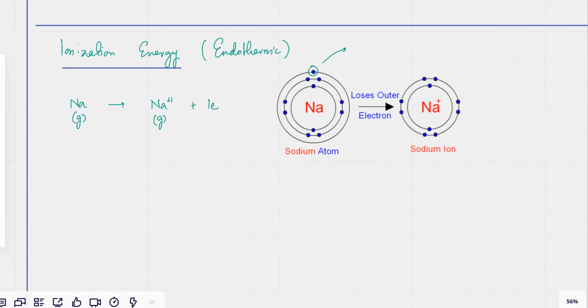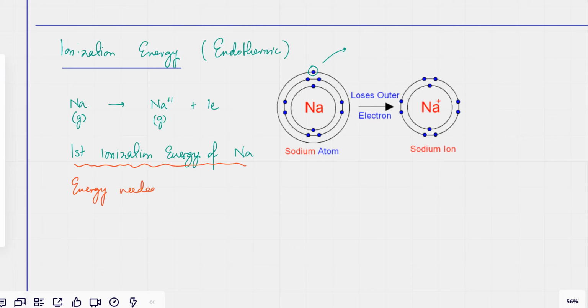This is known as the first ionization energy of sodium. The definition for that is the energy that is needed to remove. Always endothermic.